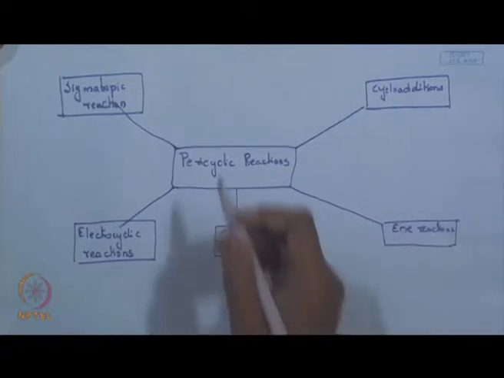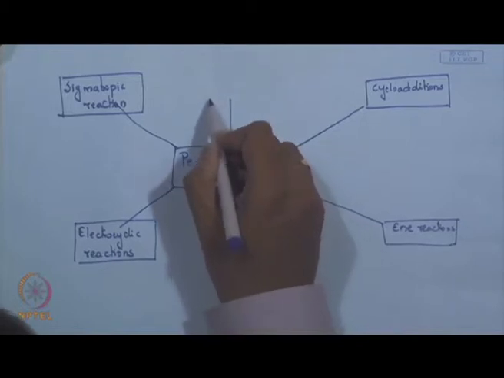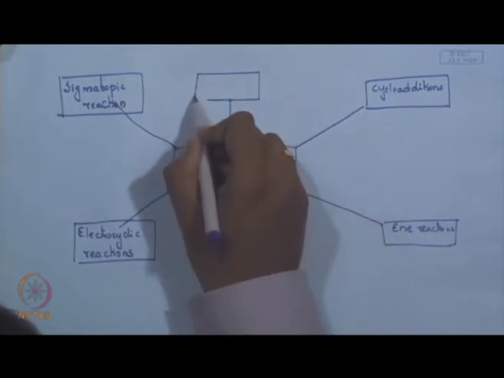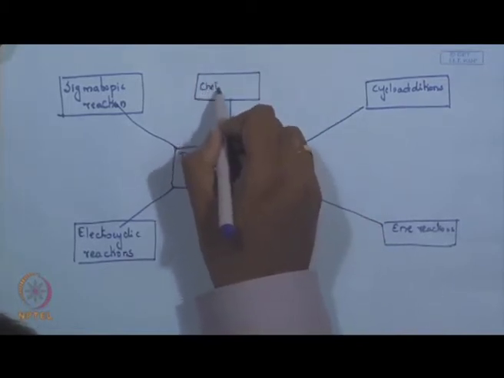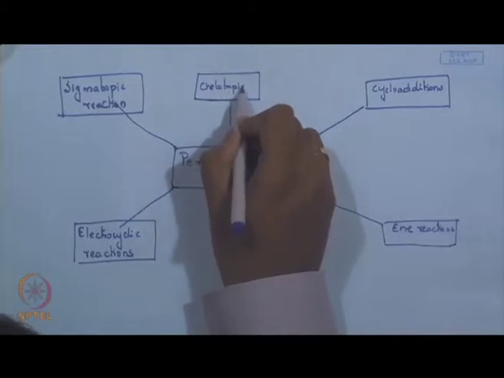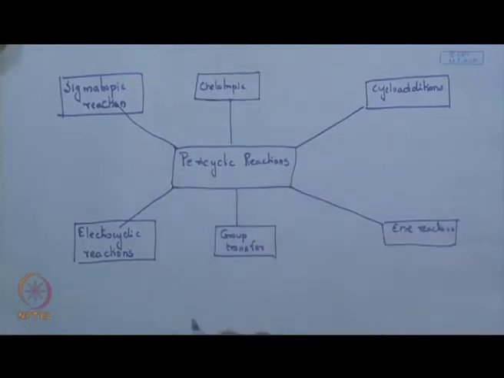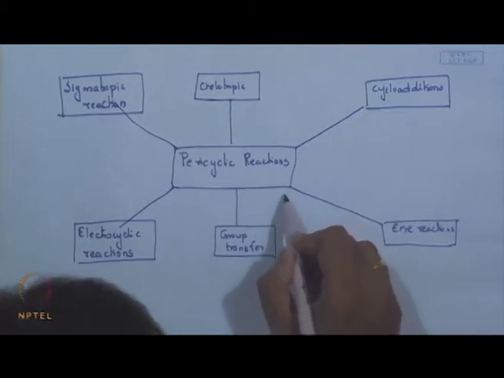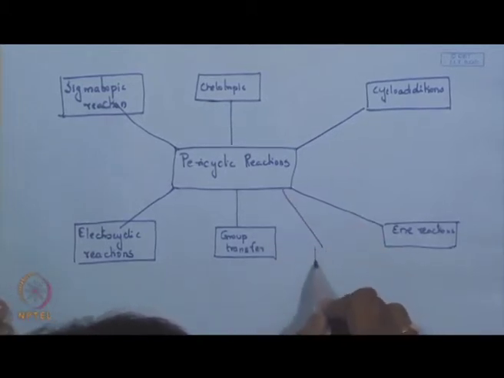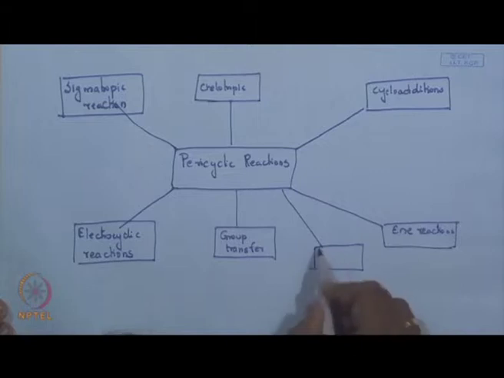Then we will understand another important class, that is, cheletropic reactions. And then one more which also falls under pericyclic reaction, that is coarctate reactions.